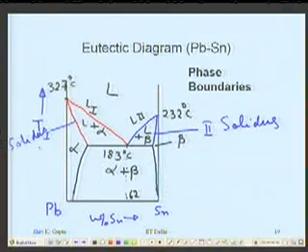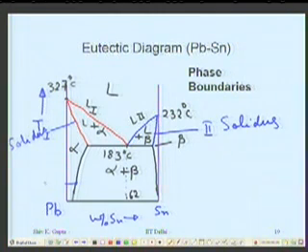Besides that, I have this boundary and now this boundary, plus I have this line. These are the additional things other than the liquidus and solidus which I defined earlier. Solidus, below which it is all solid, liquidus, above which it is all liquid. But what is this line? This is the solubility limit. It gives how much tin can be dissolved in lead at a given temperature, and then it becomes supersaturated.